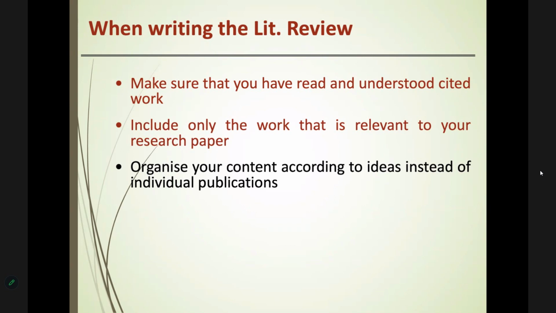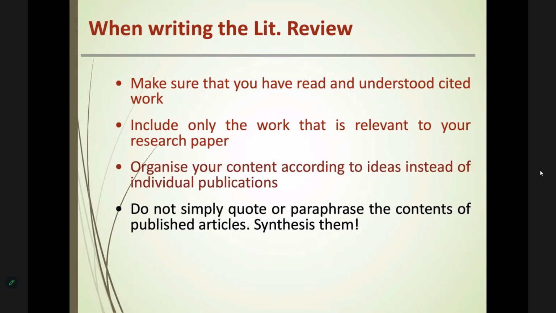You don't need to summarize one paper, then write about the second paper, paper by paper, author by author. You have to first do all the reading, collectively get the knowledge, and synthesize it. If all five papers talk about these ideas, then summarize it. So write idea by idea rather than author by author. You have to synthesize.